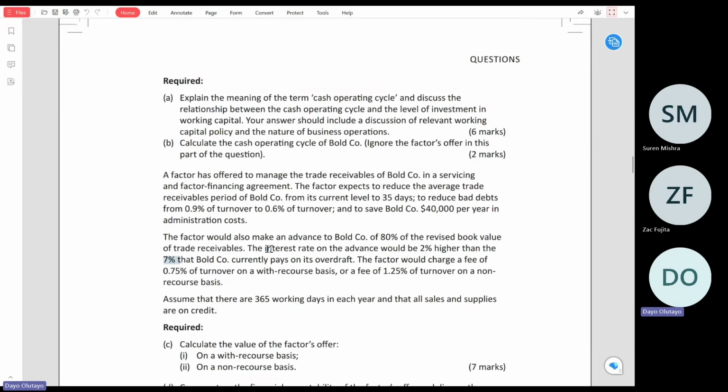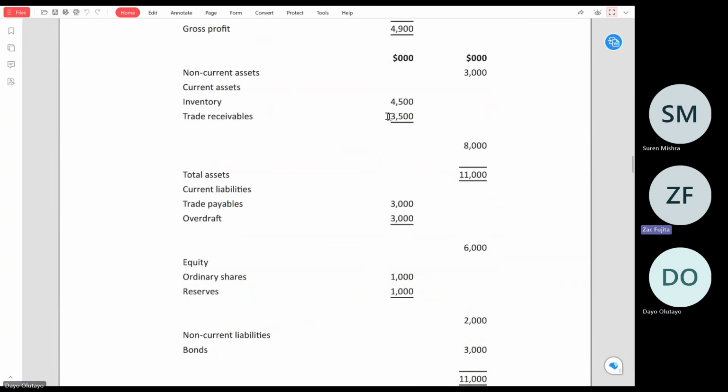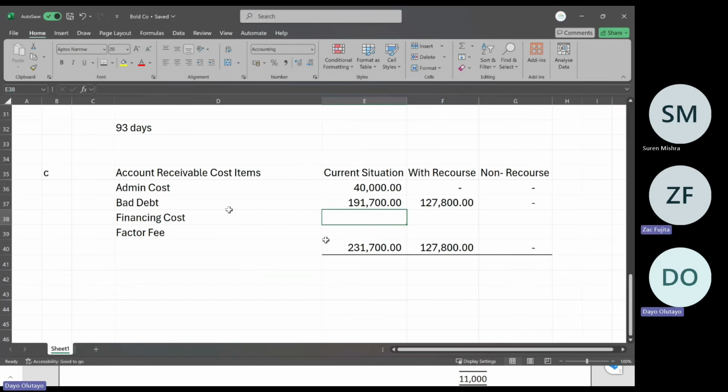So receivable is currently 3,500 here, and at 7%, so 7% multiplied by 3.5 million. So the financing fee is just strictly 7% of the account receivable balance, and we have it. We have the bad debt. We have the admin cost. Because we don't have a factor yet, so it's 0.